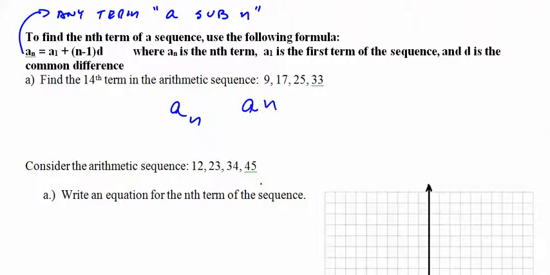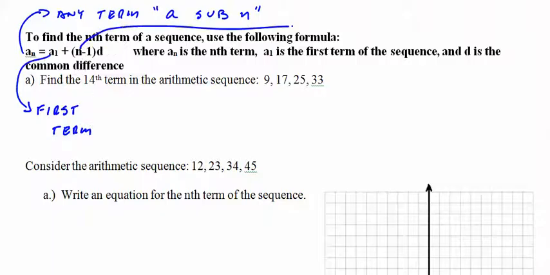This is wrong, it doesn't mean anything. a sub n equals a sub 1, the first term, plus the common difference D, times n minus 1, where n is the number of the term. I want the 14th term, so n equals 14.